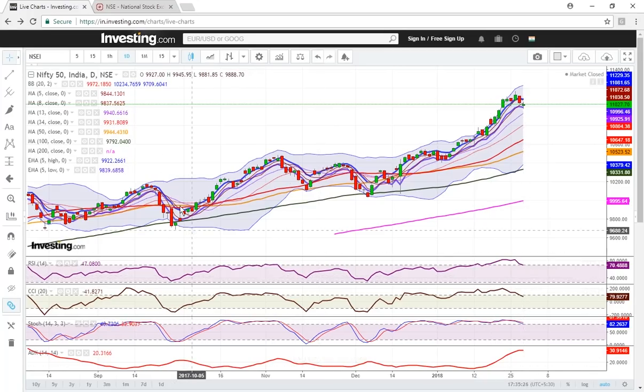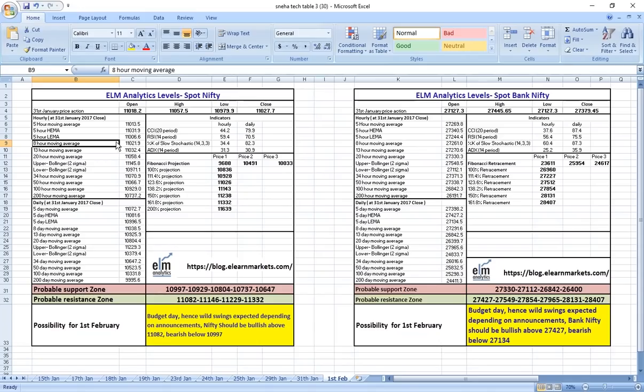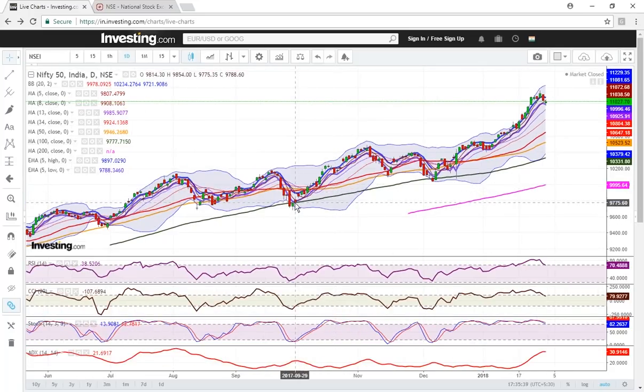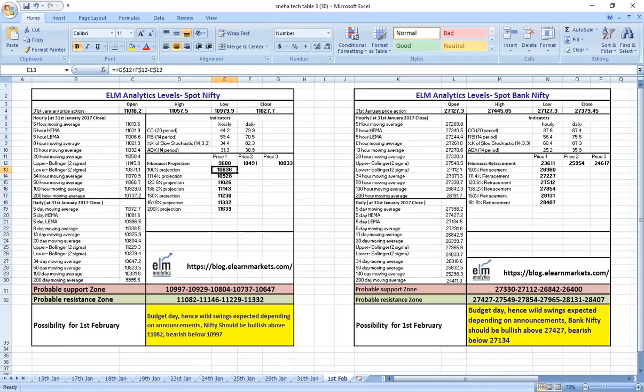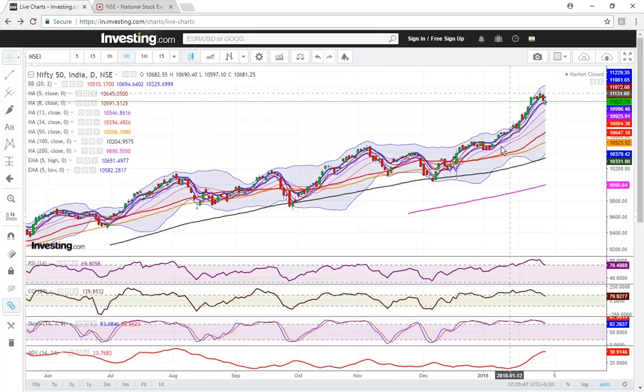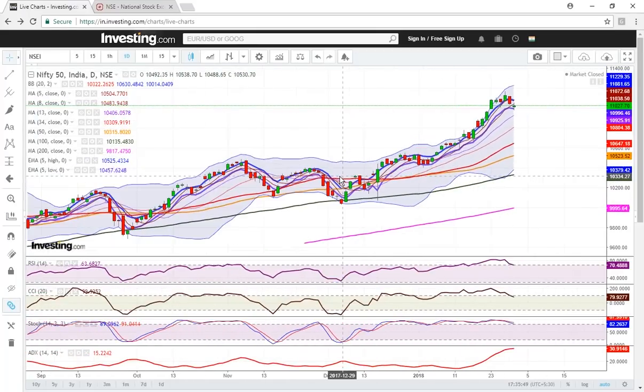Now all these values are quite important to us, and here we are giving you some important Fibonacci projections. So if I go here, this was the projection from this level to this level, and these values are given here. Now for tomorrow's date, maybe some other Fibonacci ratios would be important.